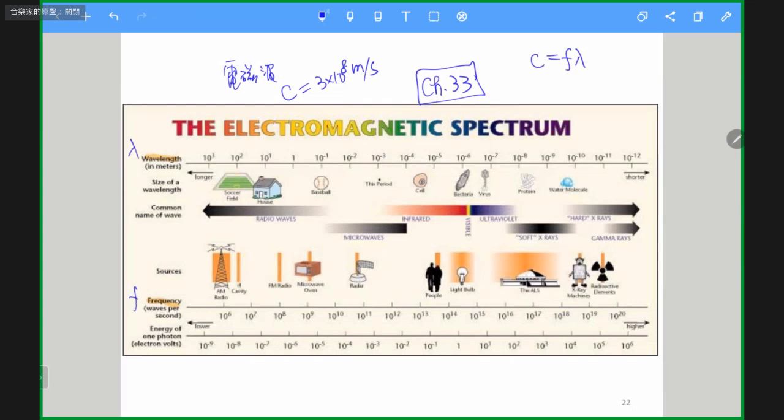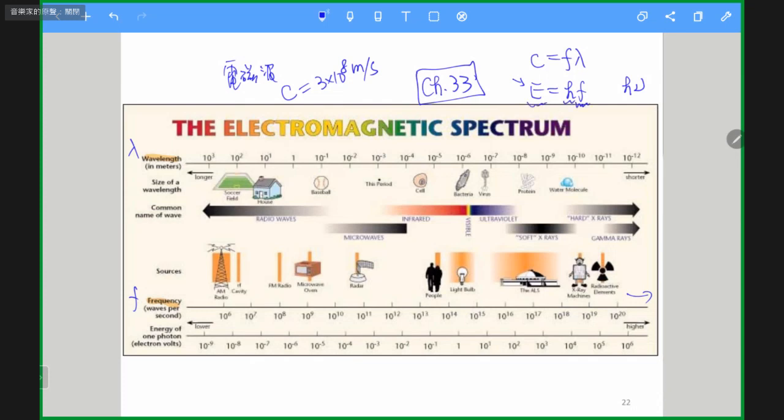On the frequency axis, this side is large. Another formula related to it is E equals hf, or h nu. Some physics textbooks use h nu, but generally I'll use hf. h is the so-called Planck constant, f is the frequency, and E is the energy of a photon. h is a constant, which means if f is higher, the energy of a photon is also higher.